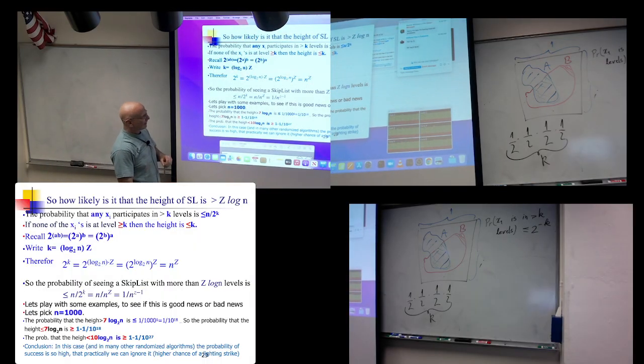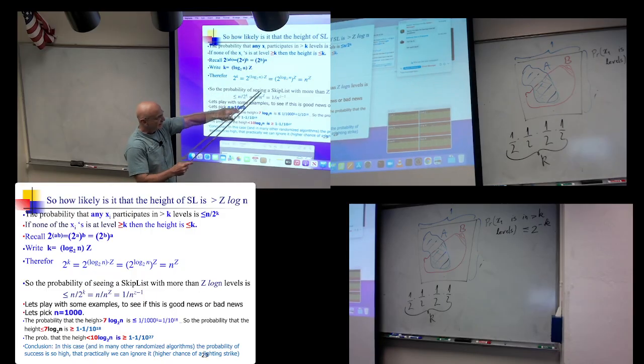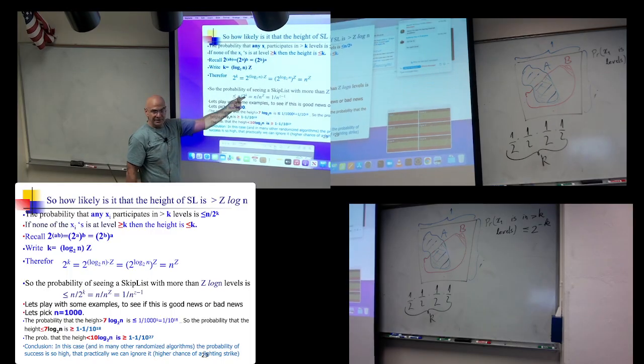And we are done, because that bounds from above the probability that you'll meet a SkipList whose height is z times log n. Or in other words, the probability that the SkipList that you meet is not of this type is 100% minus this number that is going to be really, really small.